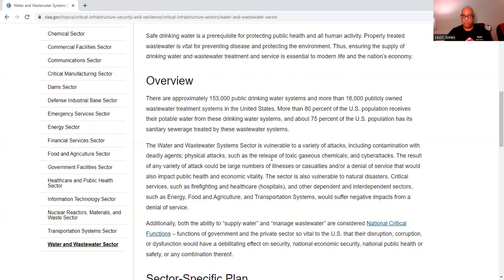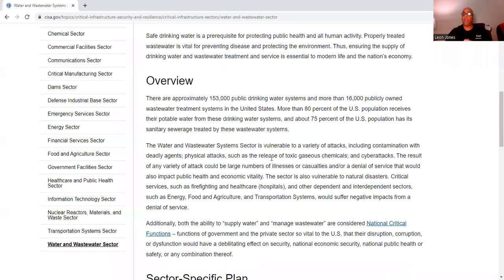You could also have dirty water that can affect your water. And also, this sector is vulnerable to natural disasters.